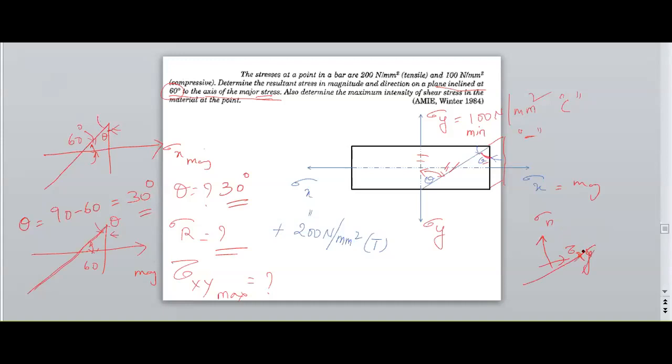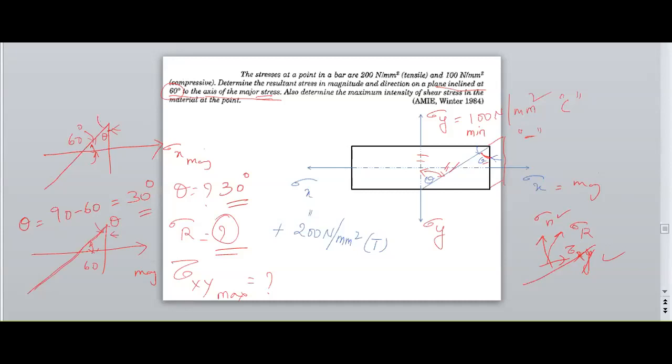Therefore, I need the resultant stress for both of these, that is sigma r. He is asking for that stress. For finding it, I need the normal stress and the shear stress on the inclined plane.